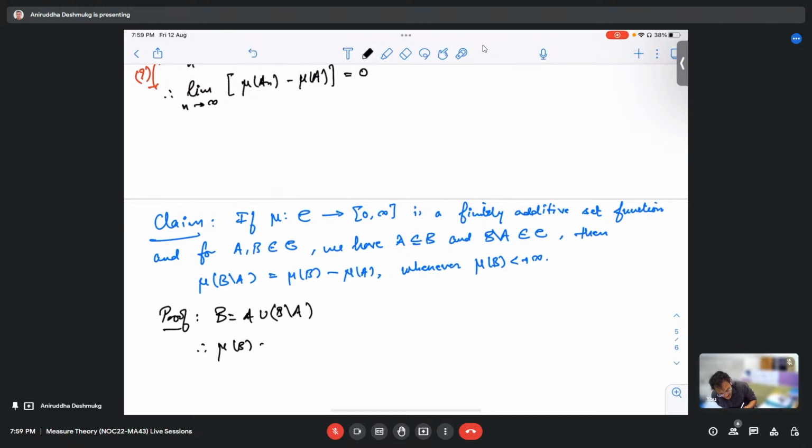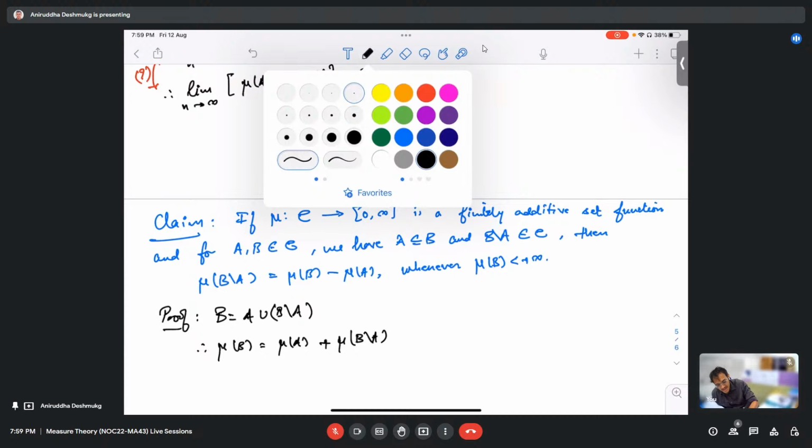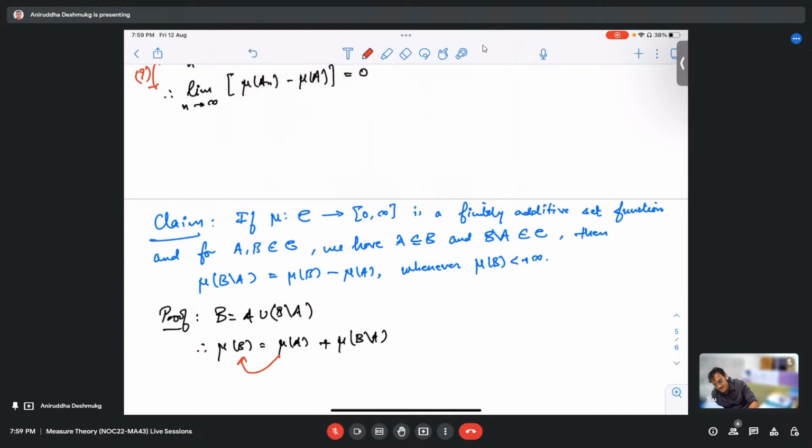Therefore, mu B is mu A plus mu of B difference A. Since finitely additive set functions are monotone and mu B is finite, mu A is finite and mu B difference A is finite. I can take this to the left hand side, and then the claim is true.